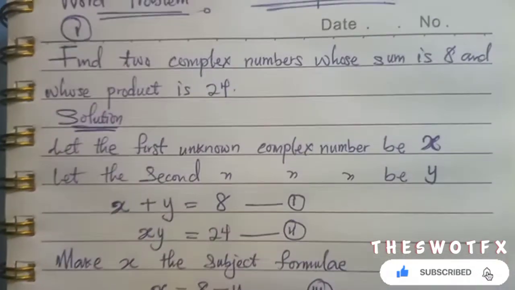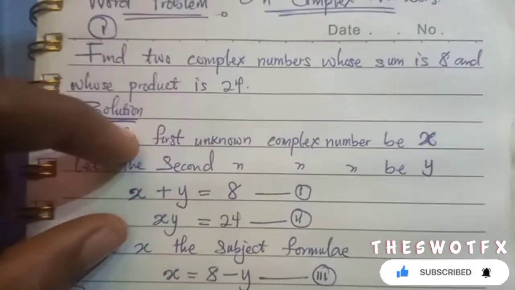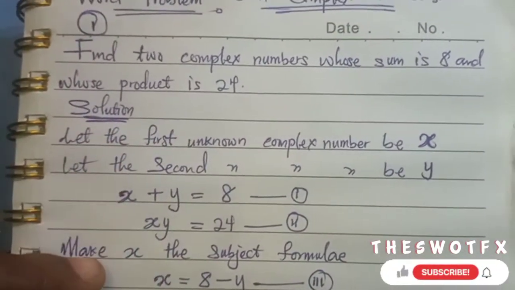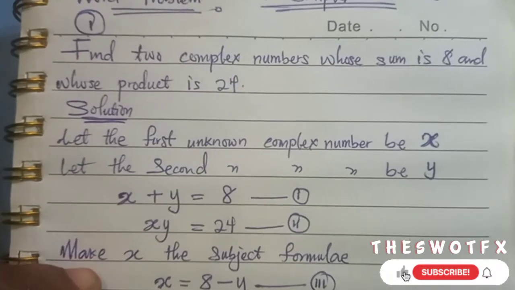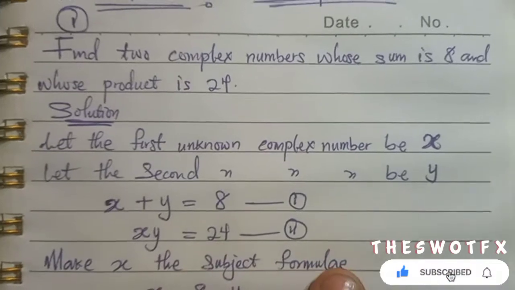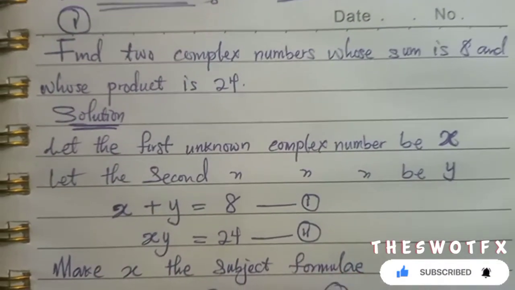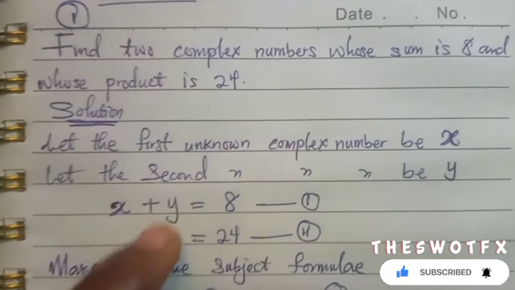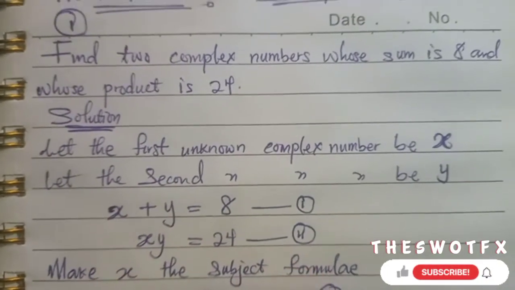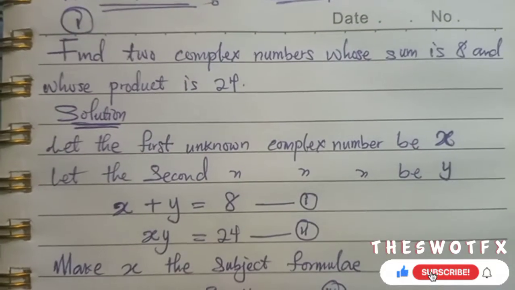Now what are we going to do? This is a simultaneous equation, so we should understand that these two equations are simultaneous equations. Then let's form our third equation. We make x the subject of the formula in the first equation: x equals 8 minus y.